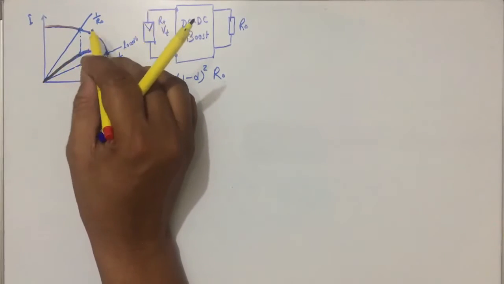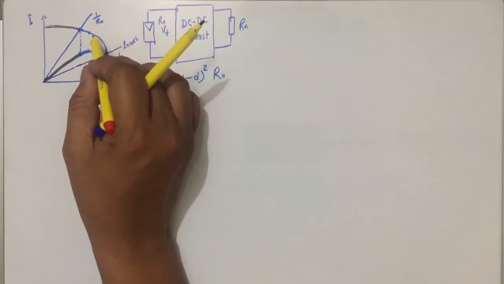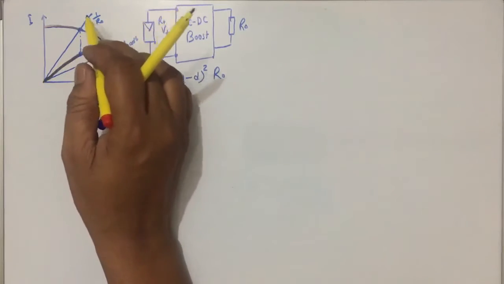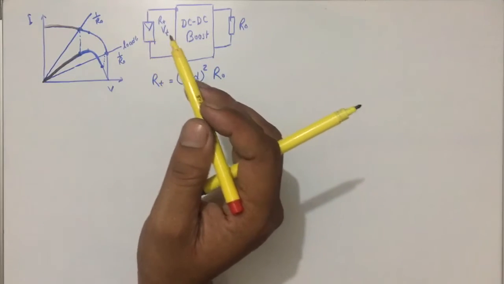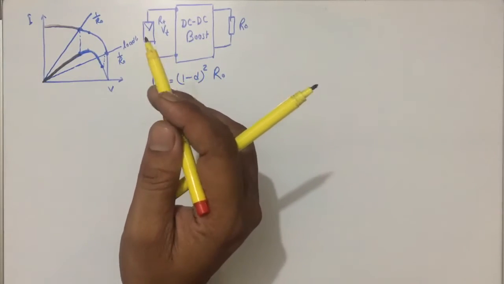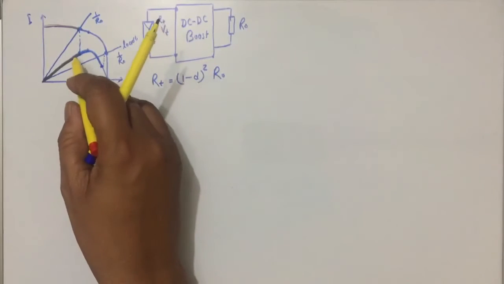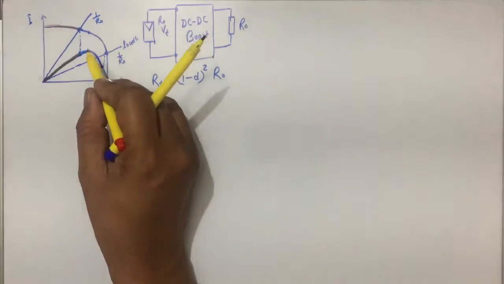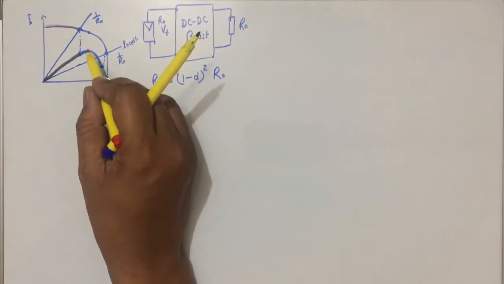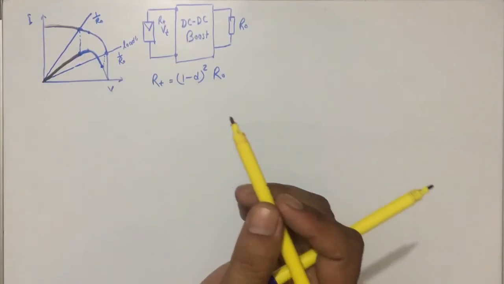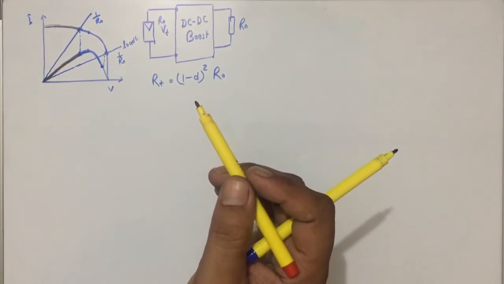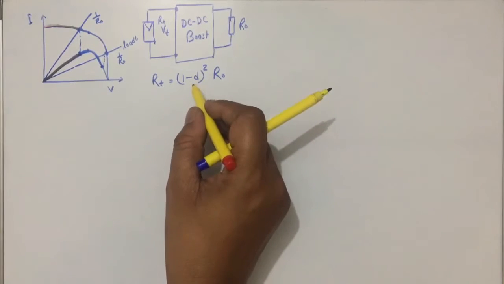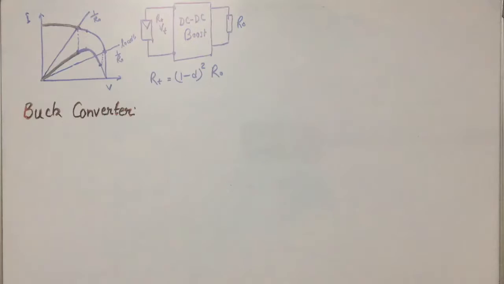When the load is R naught, if another load is connected and load line is this, and if this is the condition to get the power, we find that even though we vary the D, we cannot achieve the maximum power point. So this is the limitation of the boost converter. Even though we can vary the D, we are unable to achieve this point.